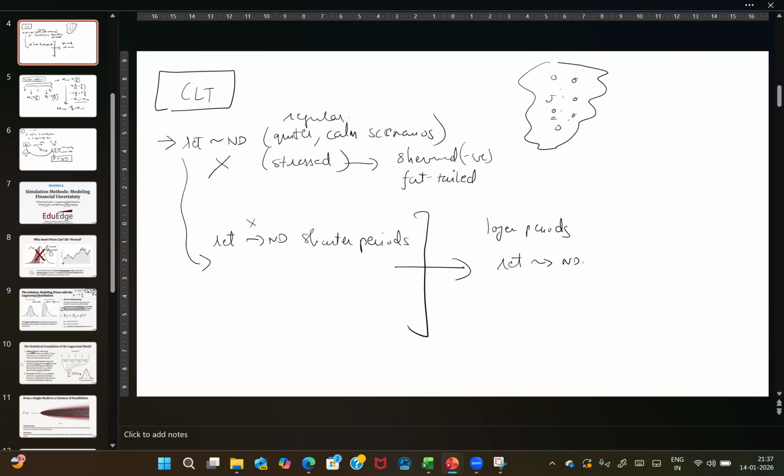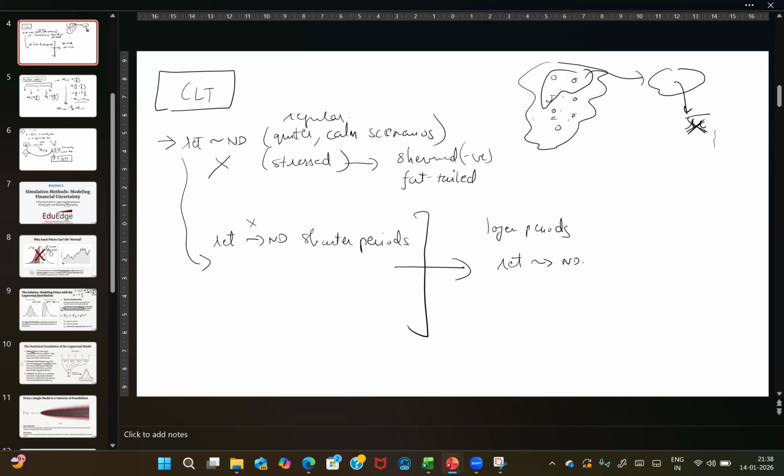Suppose, sorry, this is the population, and suppose you draw small samples from this, and you note their mean, x bar.